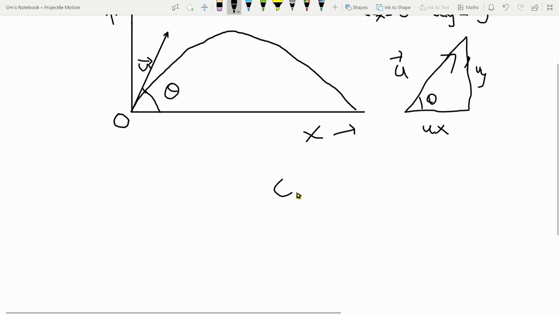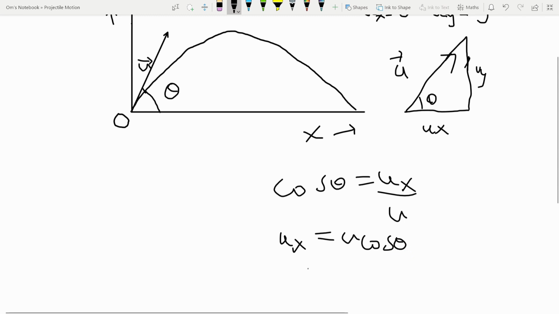So we can say cos theta is equal to ux, and we're going to use the magnitude of the vector here. We can't just use the vector itself. So we're just going to write u over here. So we can see that ux is equal to u cos theta, and similarly we'll find that uy is equal to u sin theta.